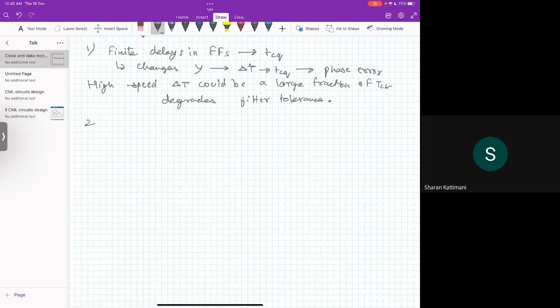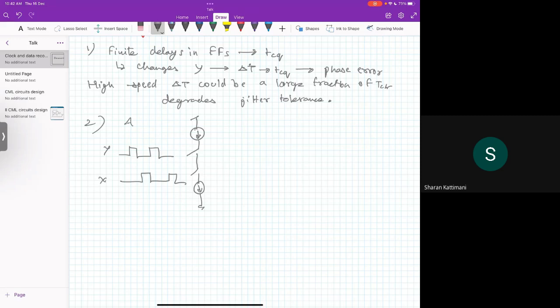Apart from that, there can be another issue with this particular phase detector. As we need to do averaging using the charge pump, it depends on the pulses x and y, as we have seen. So here we have y, here we have x.